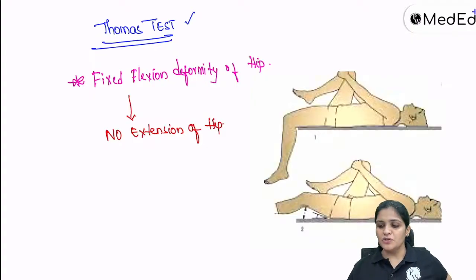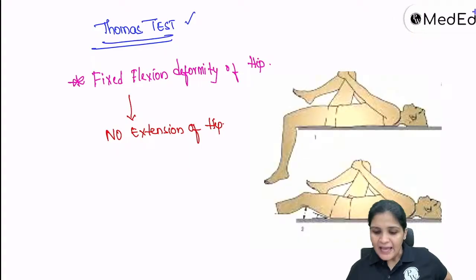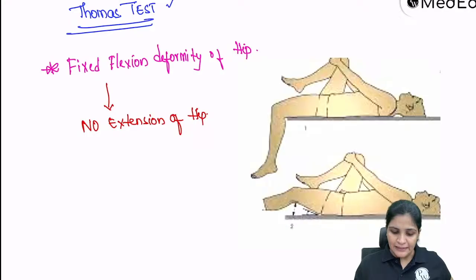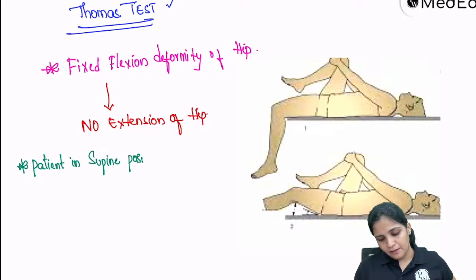Do not get confused with the Thomas splint. We have the Thomas splint, we have the Thomas collar; this is the Thomas test. How do you do it? The Thomas test is done by putting the patient in supine position on a hard couch, which you have to remember.